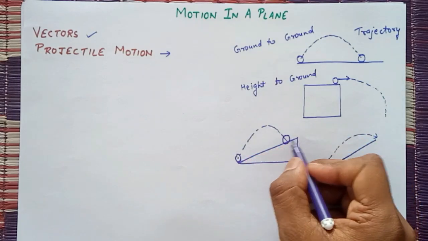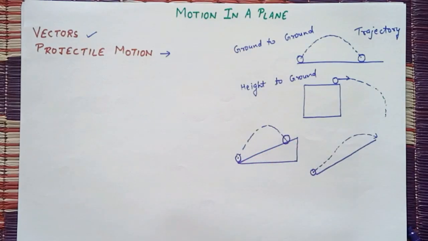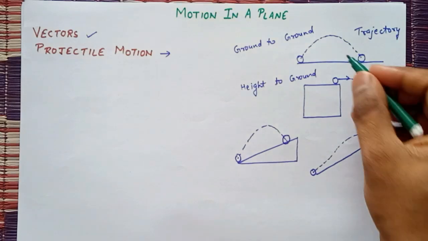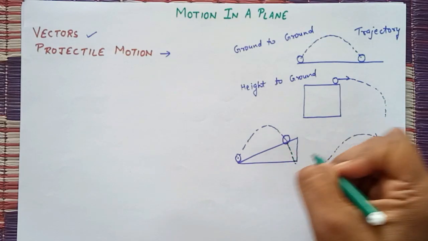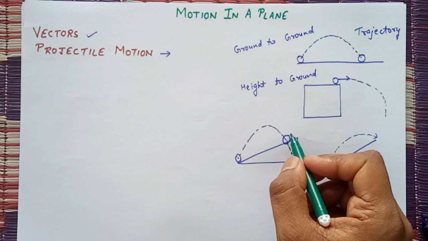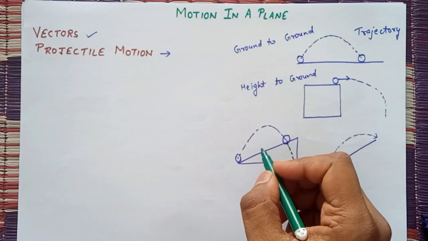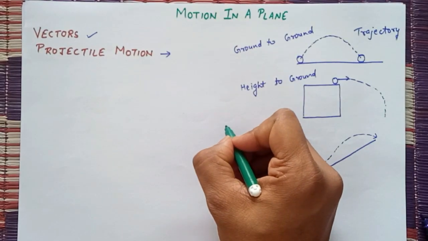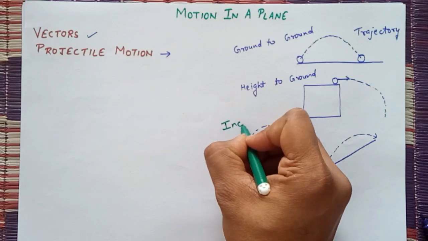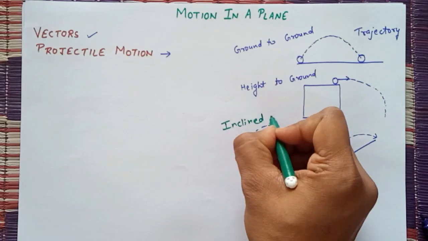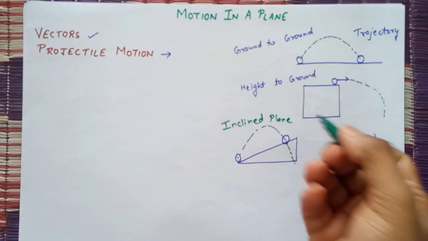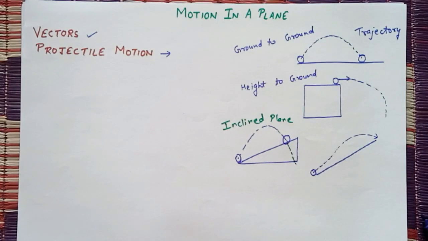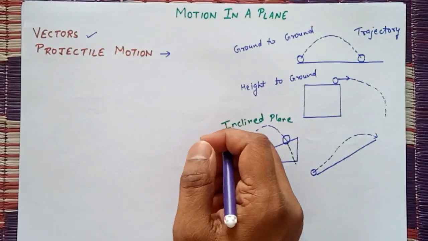If the plane were not there, it would complete its ground to ground projectile path, but due to the plane being in between, it is known as projectile on an inclined plane. So there are several types of projectile and we will discuss them, starting with projectile motion.